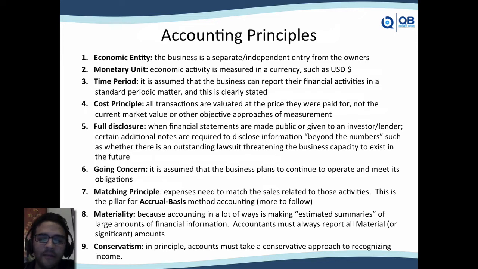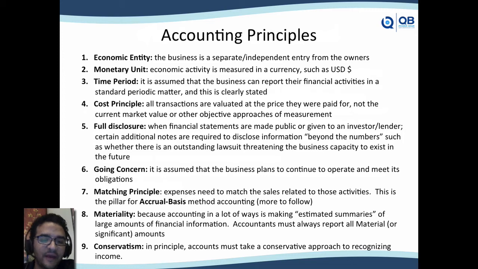So materiality means that accountants must decide what is a significant amount that will affect the financial statements, and accountants must report every single piece of material transaction or material value. Accountants are allowed to omit immaterial transactions or immaterial values.